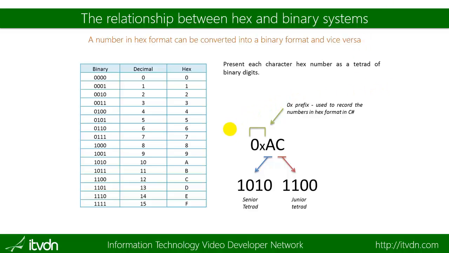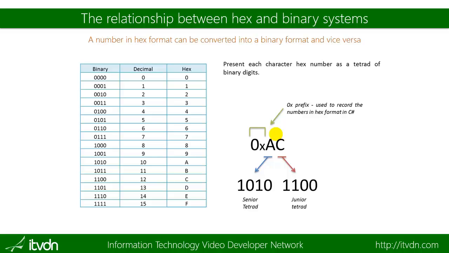Now, here we have a number written in the hexadecimal format. Take note that 0x is a prefix used to show that this number is in the hexadecimal format, so that you don't confuse it with any other numeral system. Now, if you have a number in the hexadecimal format, what you do is you divide it into 2. Remember, I told you that a byte consists of 8 bits.